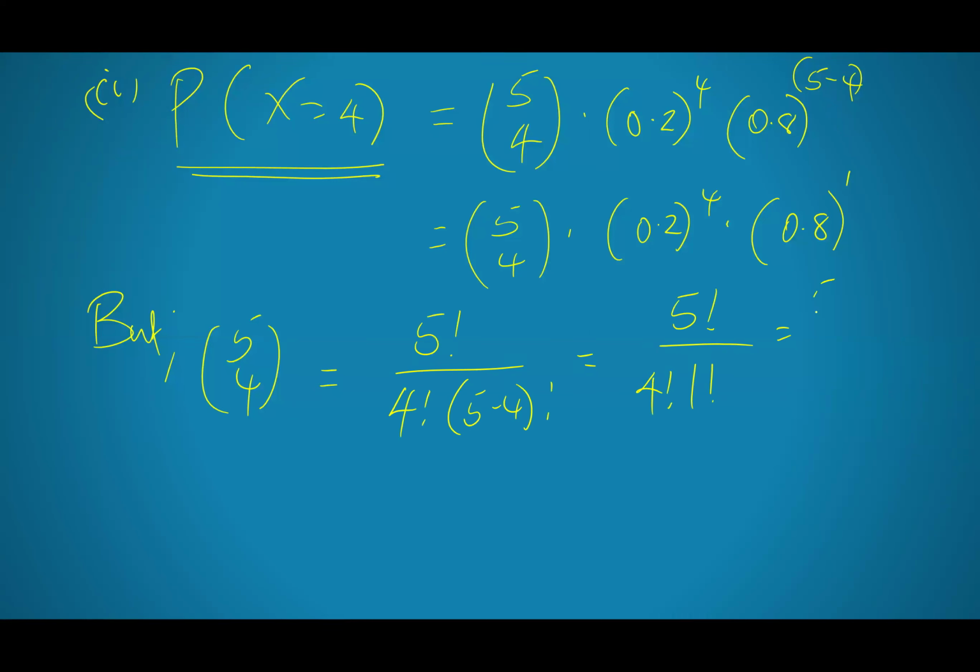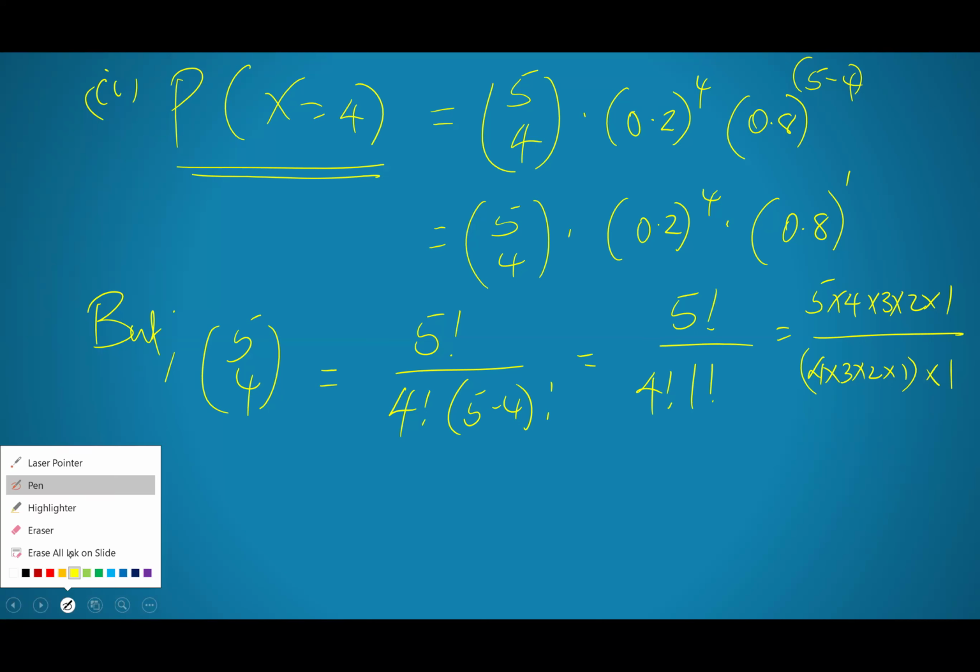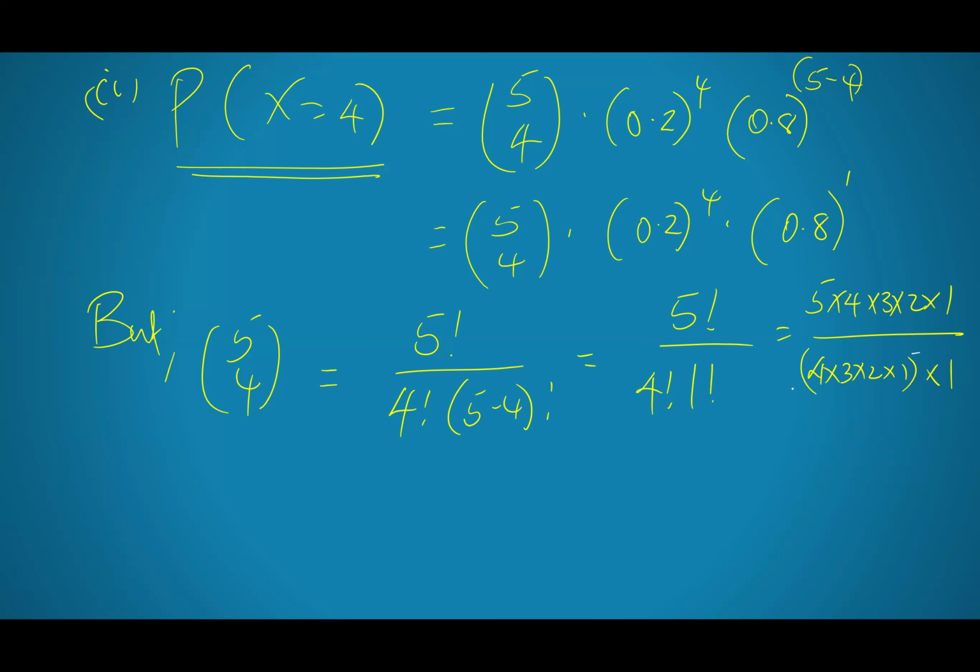That's going to be 5 times 4 times 3 times 2 times 1 over 4 times 3 times 2 times 1, then times 1. So the numerator and denominator cancel, leaving us with a 5.